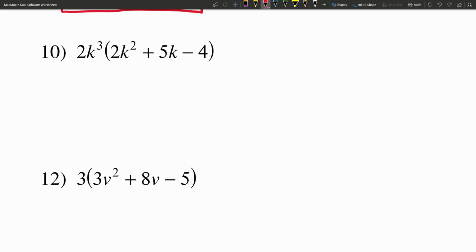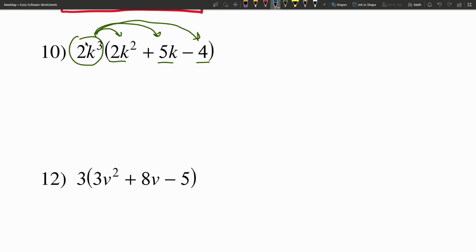In number 10, again, we have 3 terms within our polynomial. So when we take our monomial, we're going to distribute it 3 different times, to the 2k squared, to the 5k, and to the 4.